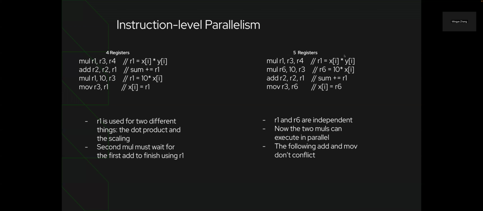But if we just add one more register, now R1 and R6 are two independent registers, so we can do the multiplication concurrently, in parallel. Since they don't conflict with each other, in the second step these two operations can also happen in parallel because they're independent. So by adding one more register, we're able to parallelize the instruction execution much more.